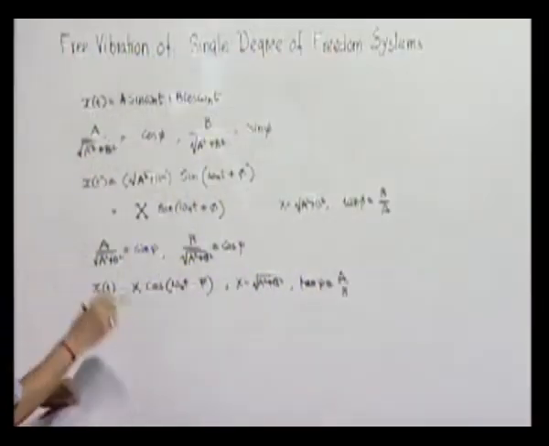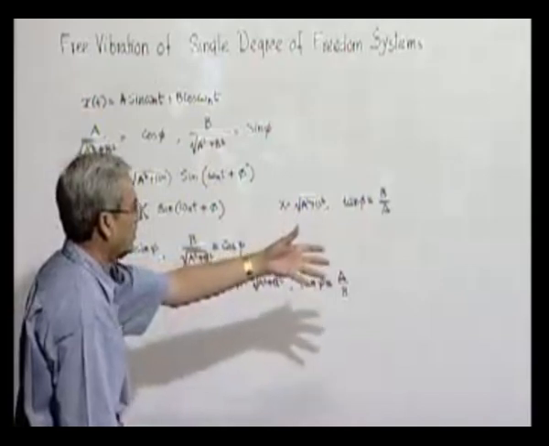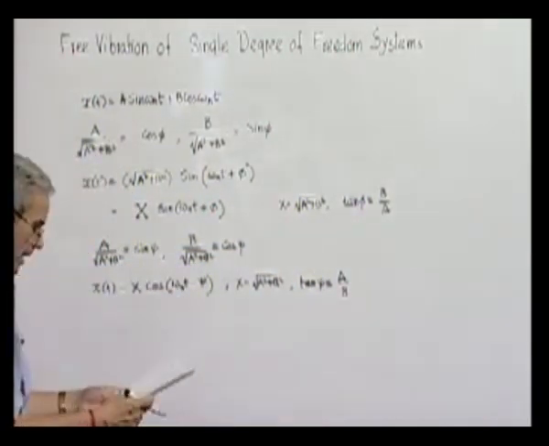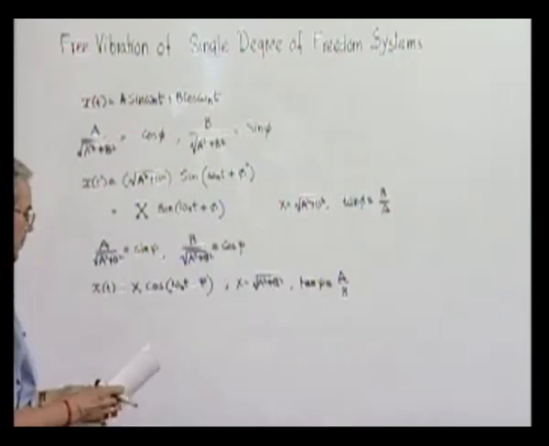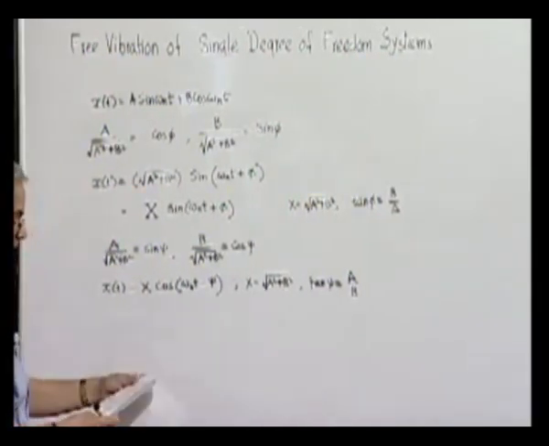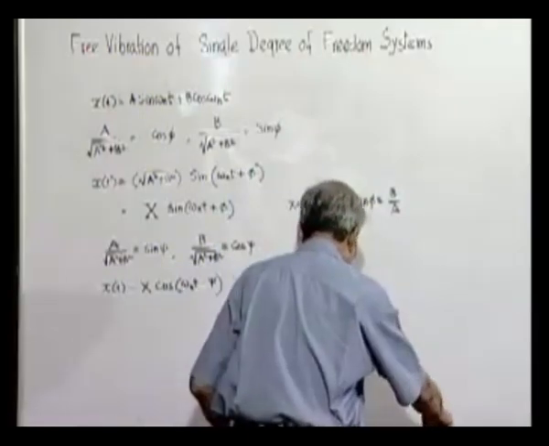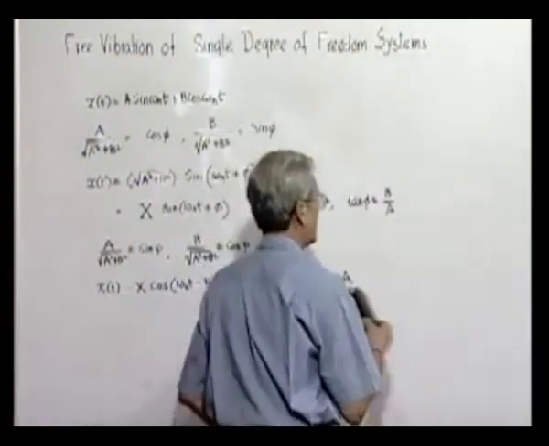So, getting sine, cosine or such combinations, they are basically the same thing as we can guess. They are all simple harmonic functions of time. So, generally we can write the solution in any form and start from there.